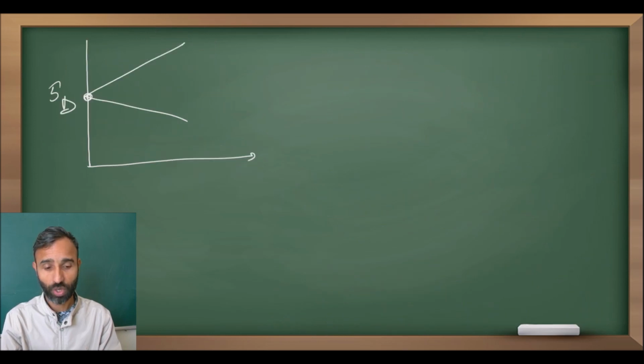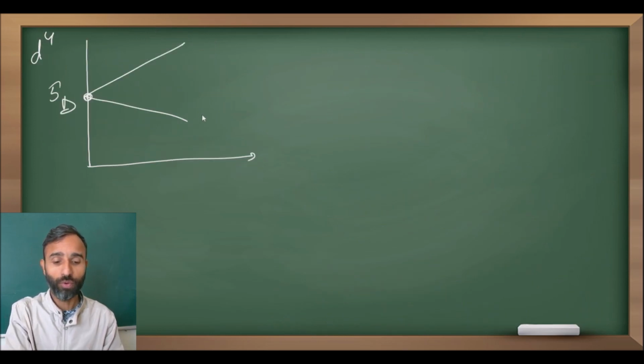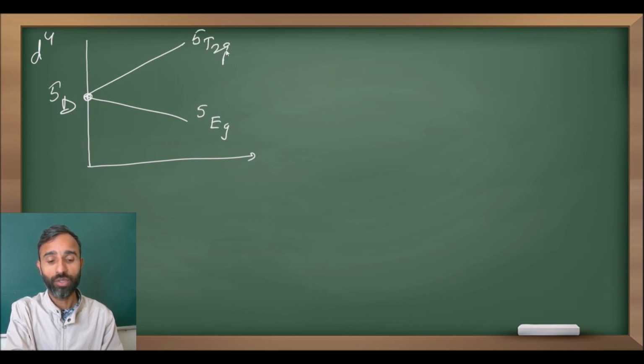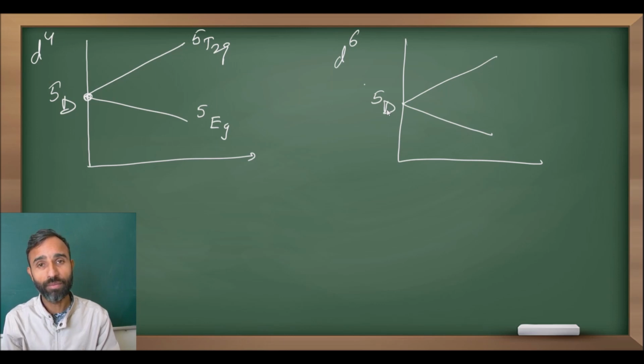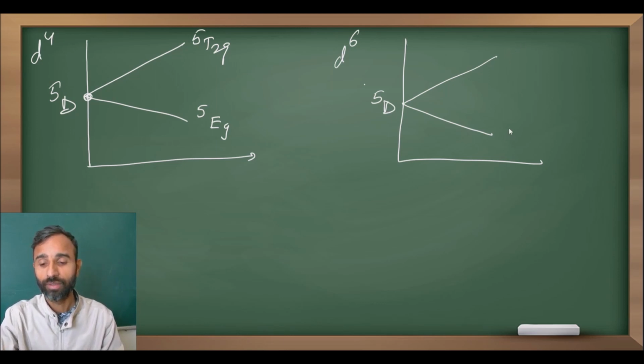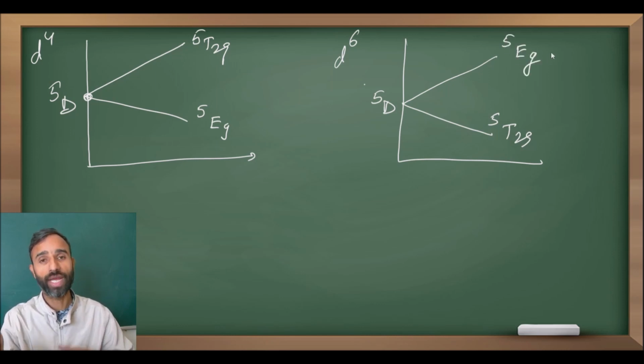So when we draw their configuration, D4 is 5EG to 5T2G, and in case of D6, this 5D is promotion of one electron from T2G to EG. So it looks like this.